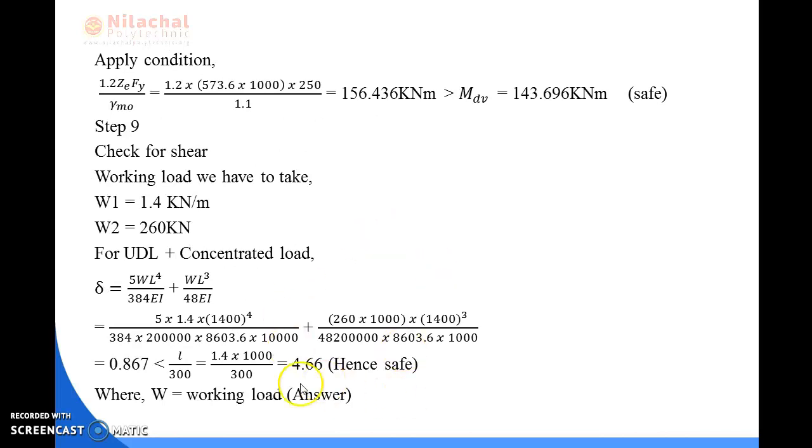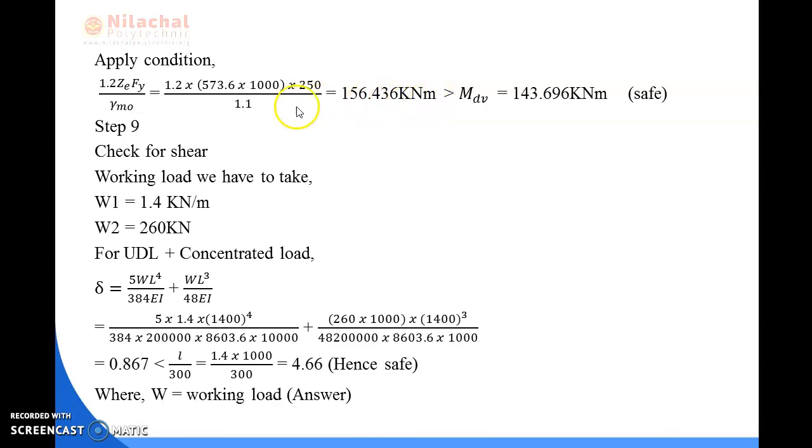The condition is 1.2 Zd Fy by gamma m0. Zd for the suitable section is given as 573.6, and by converting into mm cubed we multiply by 1000. So 1.2 into this, divided by 1.1, we got the value of the condition as 156.436 kilonewton meter.